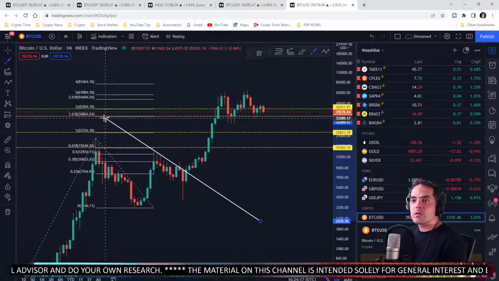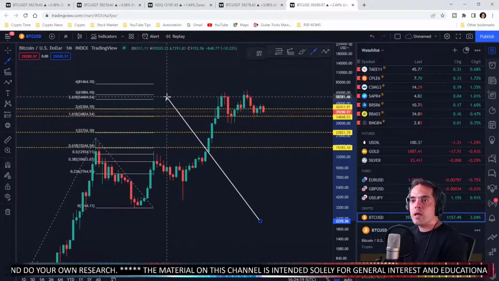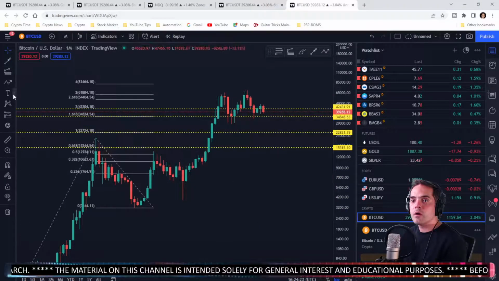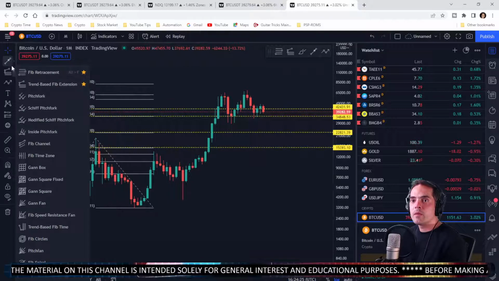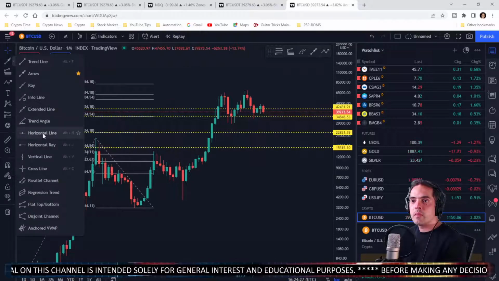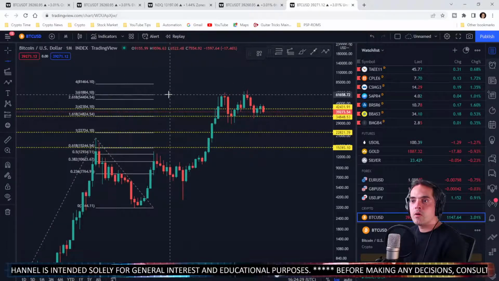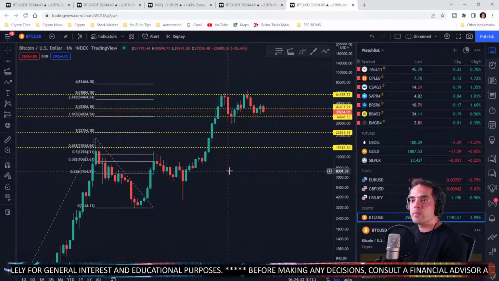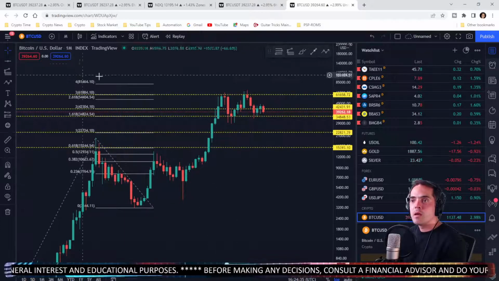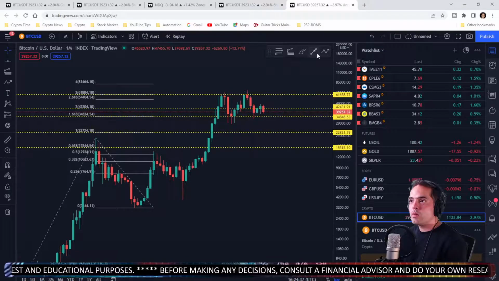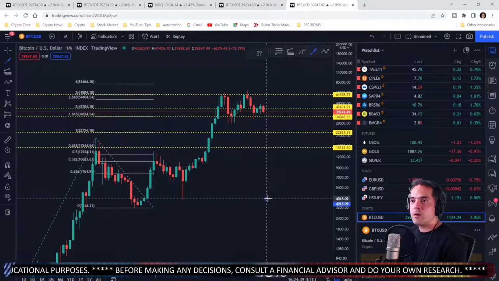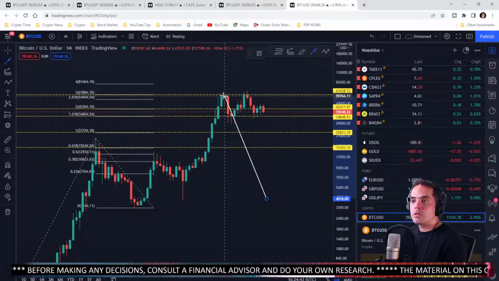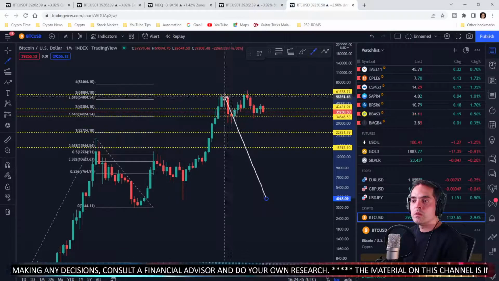So you see here, it reached the number 3 actually. If we draw another line on the number 3 level of the tool, we see that we reached the next one.